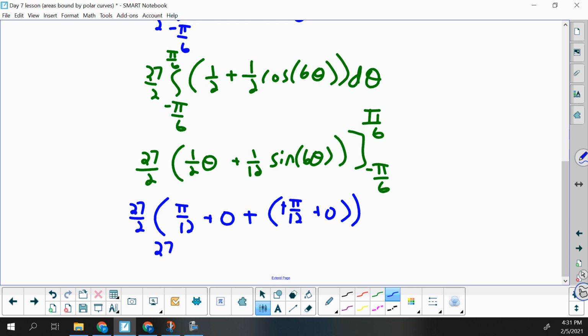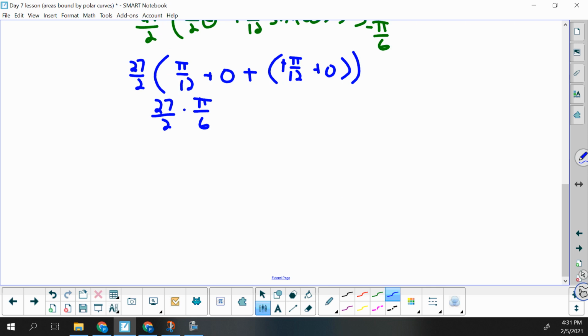So we'll have 27 over 2 times 2 pi over 12, which is the same as pi over 6. And we'll end up with 27 pi over 12. We can reduce that, divide them both by 3, and you get 9 pi over 4.